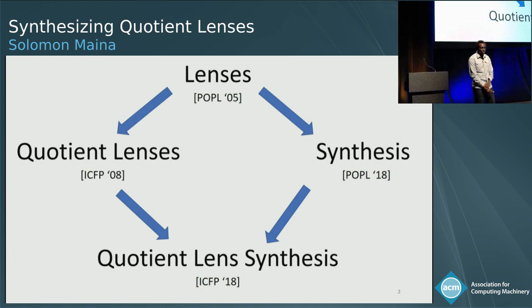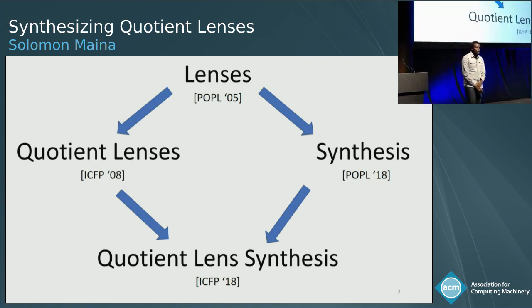And there are various kinds of lenses. So in the previous talk, we saw the one I call classical asymmetric lenses. These are the ones introduced by Nate Foster originally. But there are various kinds of lenses, and each of these classes of lenses comes with its own set of guarantees.